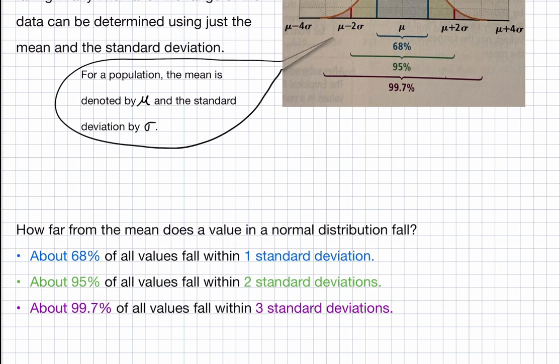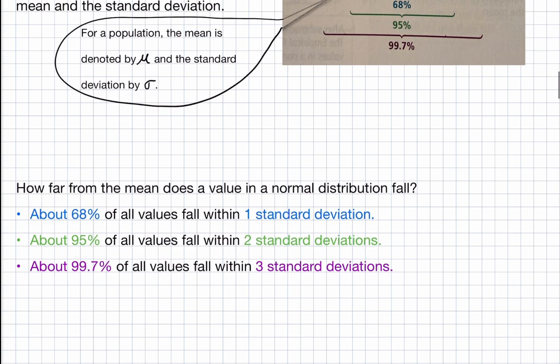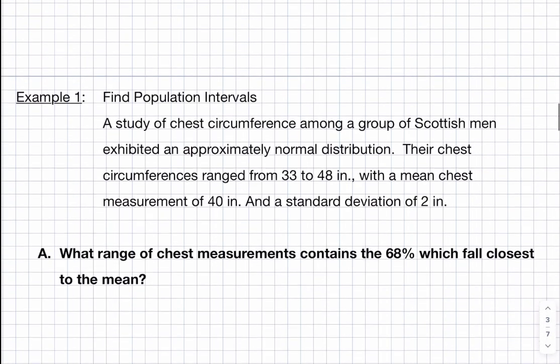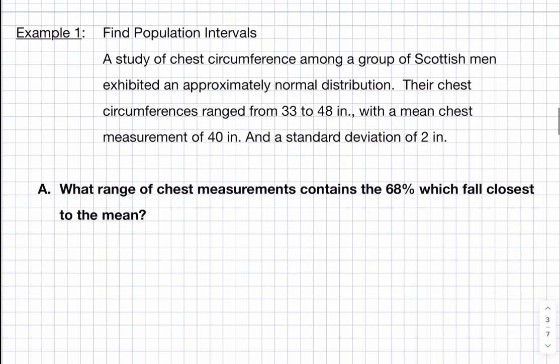Okay, so let's go ahead and move forward and take a look at example number 1. In this example, we're looking for population intervals, and basically it says that a study of chest circumference among a group of Scottish men exhibited an approximately normal distribution.